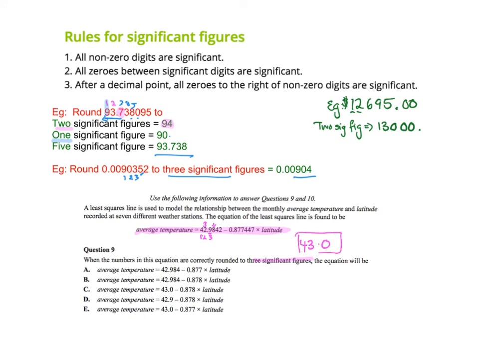You need the 3 figures. So it's going to be like that, okay? This second one, 1, 2, 3. Do I have to round up? No. So it'll be 0.877, yeah? And so which one will be that one? E? Yeah? Okay, and that was the answer.